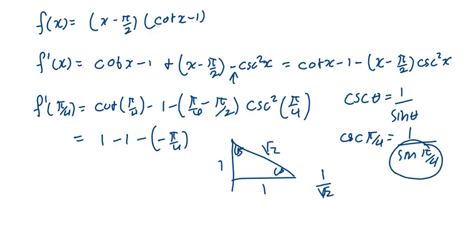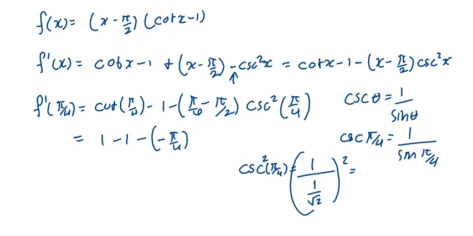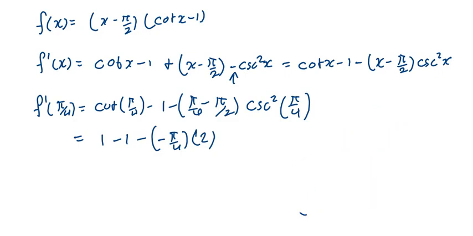Then you plug it here. So cosecant pi over 4 is equal to 1 over sine, which we have determined is 1 over the square root of 2. But remember, this here is squared, so it basically means even this part has to be squared. So this is going to be 1 over 1 over 2, and this ends up to be 2. So we have a 2 right here.